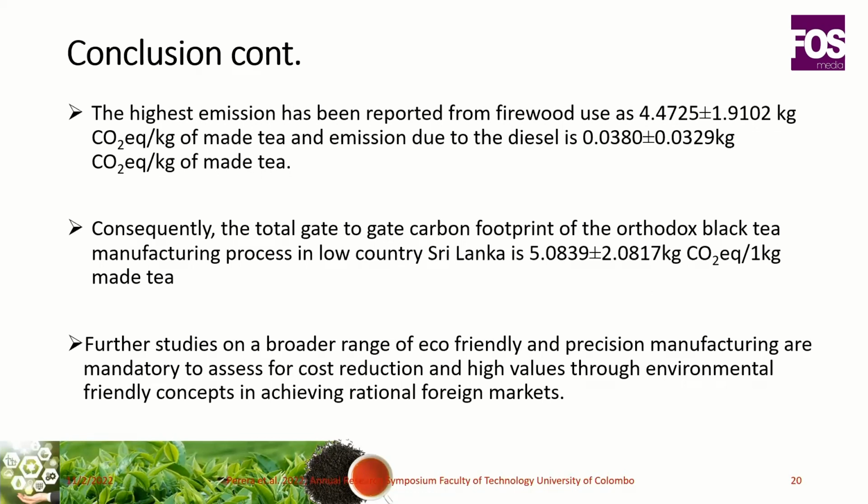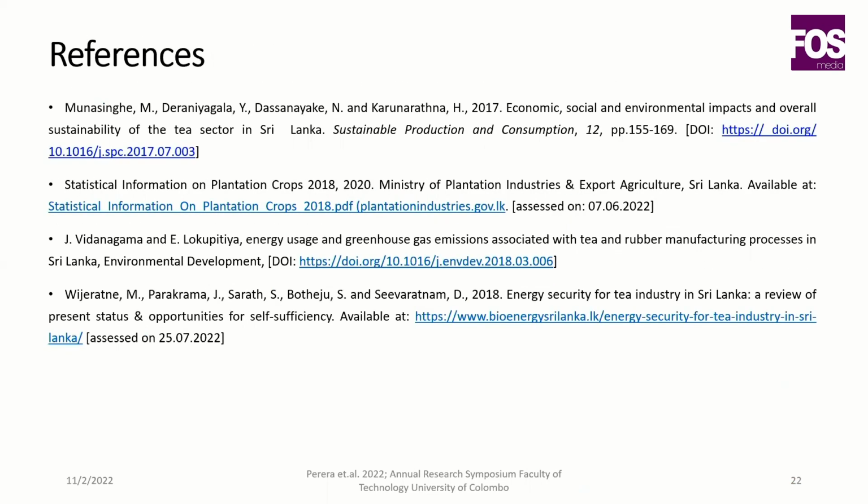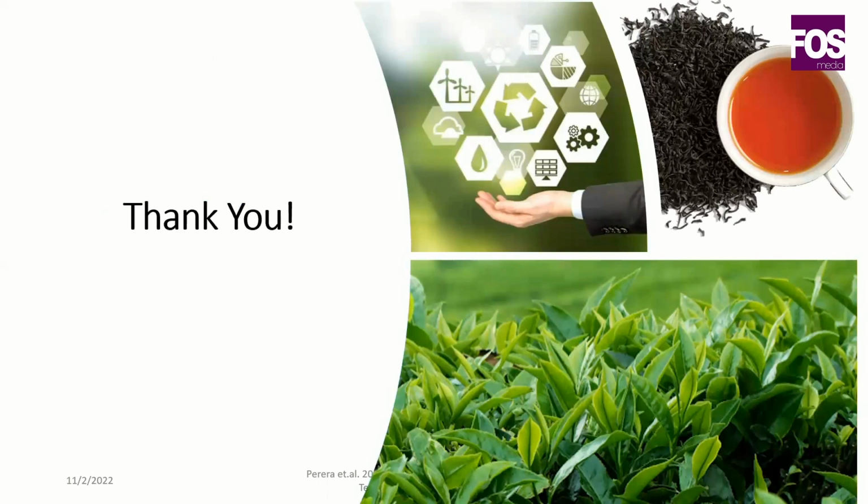Consequently, the total gate-to-gate carbon footprint of the orthodox black tea manufacturing process in low country Sri Lanka is 5.08, with a standard deviation of 2 for 1 kilogram of made tea in Sri Lanka. These are the references of our study, and thank you all.